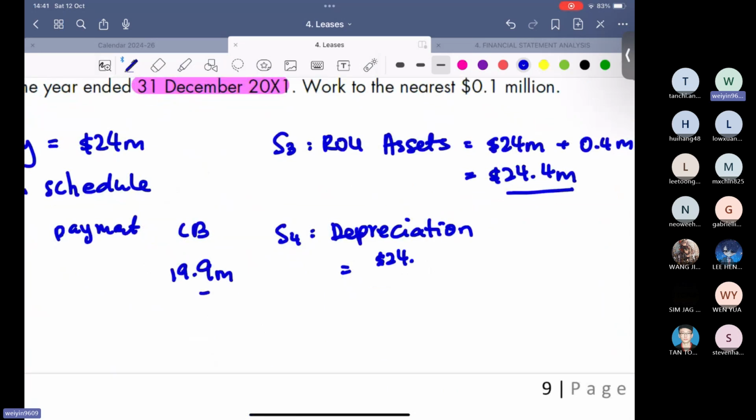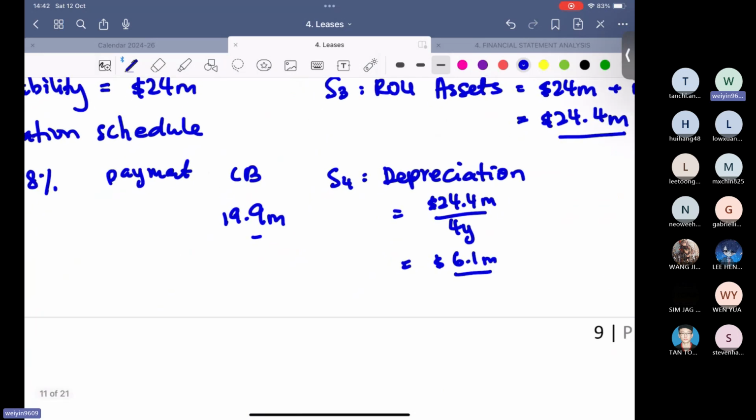So I take 24.4 divided by 4 years, and I get 6.1 million.